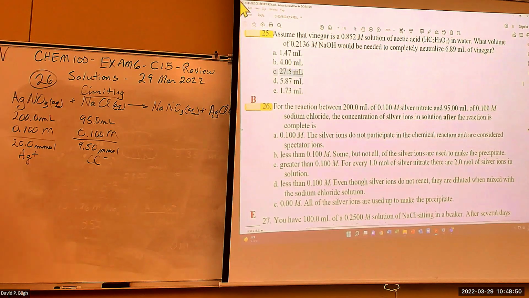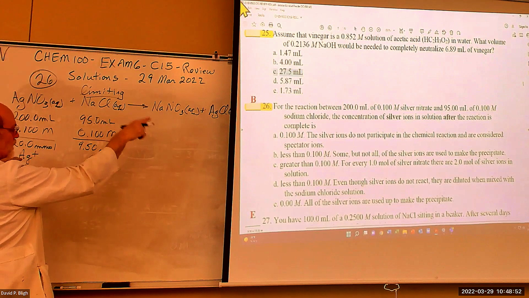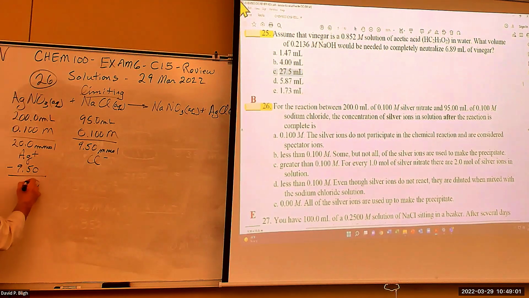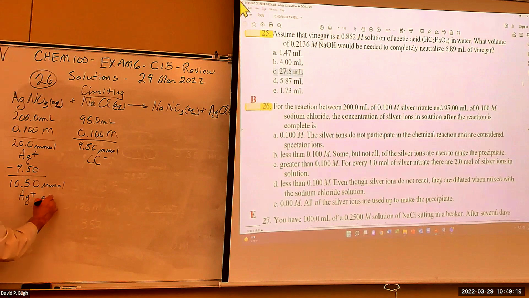Since they're 1 to 1, one silver to one chloride, we're only going to use up 9.5 millimoles of the silver. And 20 minus 9.5 is 10.5. So we're going to have 10.5 millimoles of silver ions still in solution.